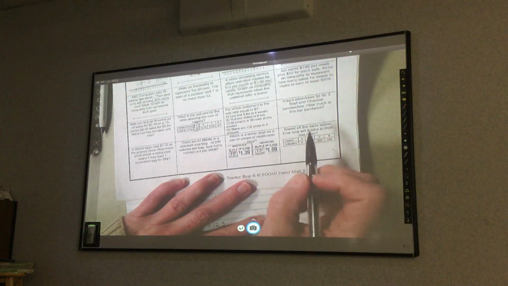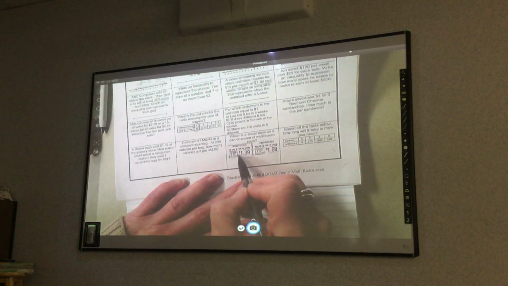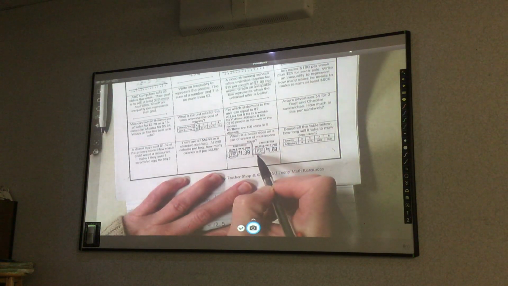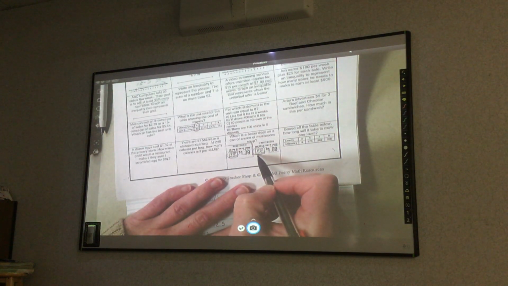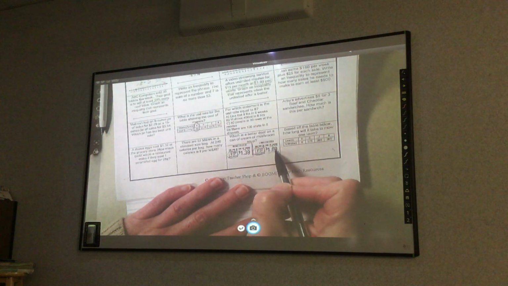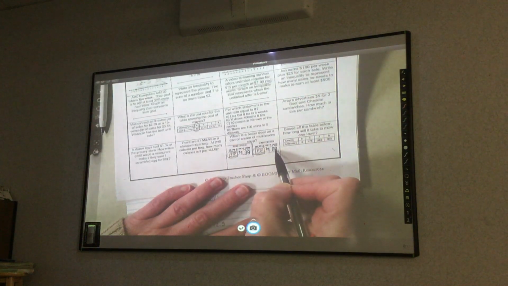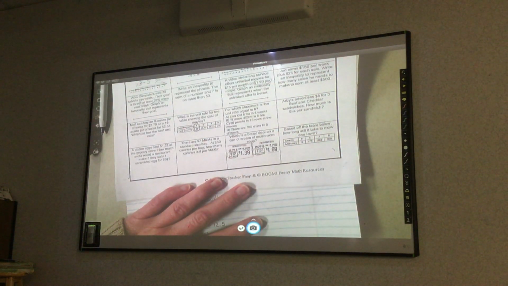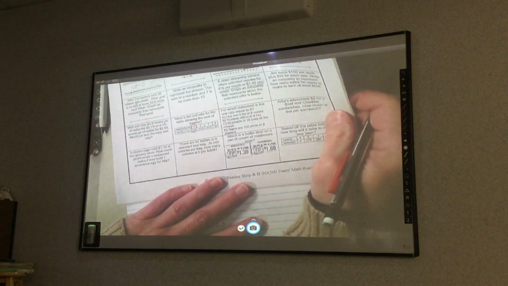No. It's not a better deal because the unit price is the same. If the unit price is the same, that means the unit cost is the same. You just can't see how many ounces that is in that can. So maybe this can is a smaller can than that can. Does that make sense? Go ahead and take pictures.